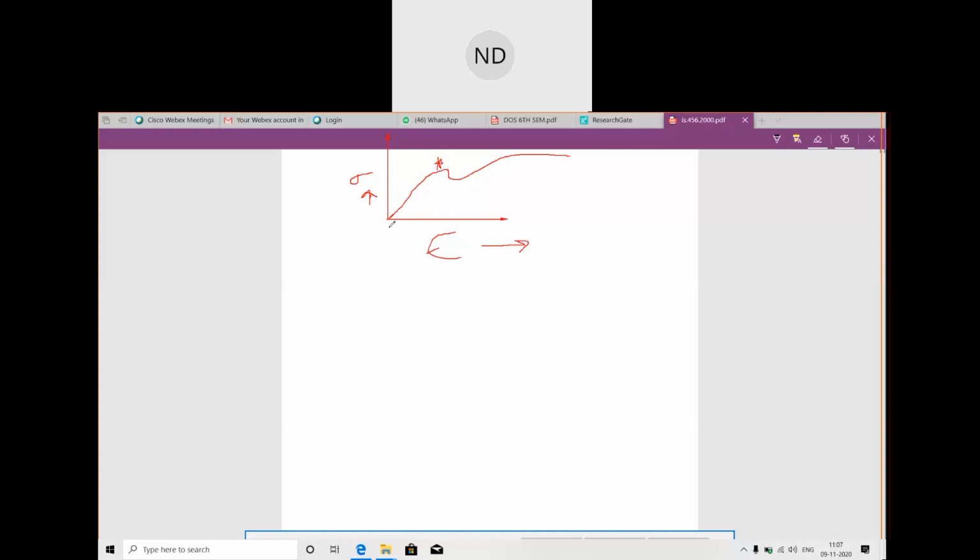This is a straight line, you all know this already. Beyond this elastic limit, on this side we have the plastic limit.